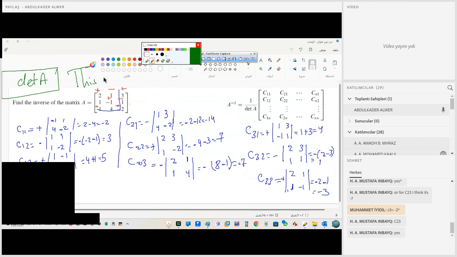This is the most common mistake. Why? Because we calculated all of these before calculating this. If this is 0, all of this is nothing.